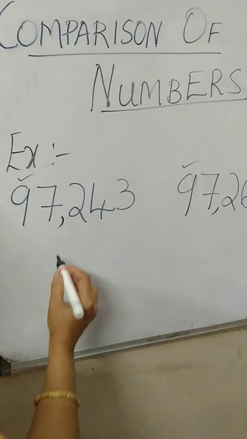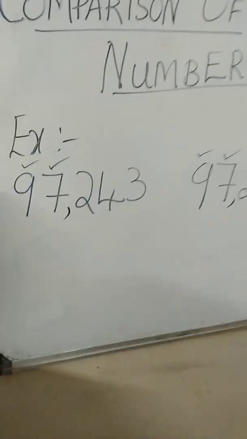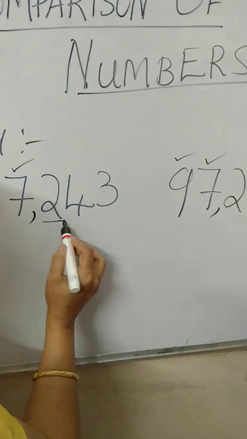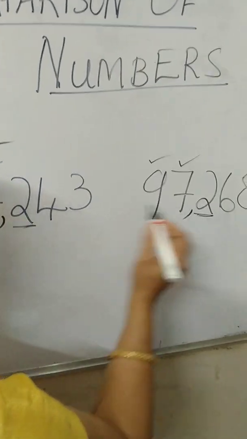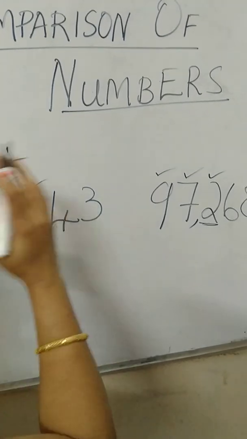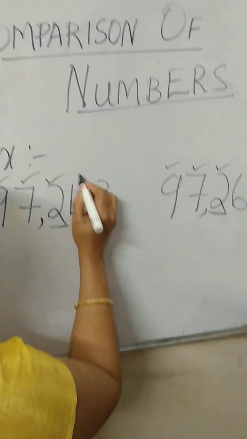We'll go to the next number, that is 7 in the next place. Here also it is 7. Again we'll go for the number which is in the hundreds place. Here and here also we have got the same numbers. Now we'll go on to the next number, that is the number which is in the tens place.